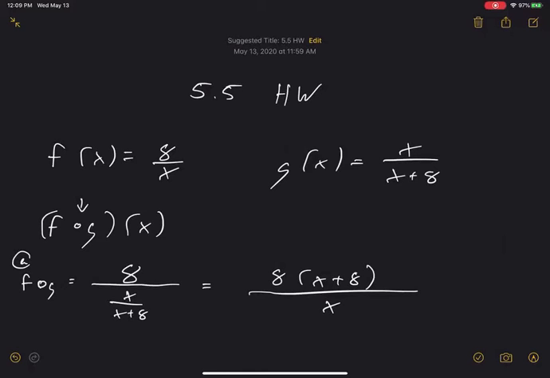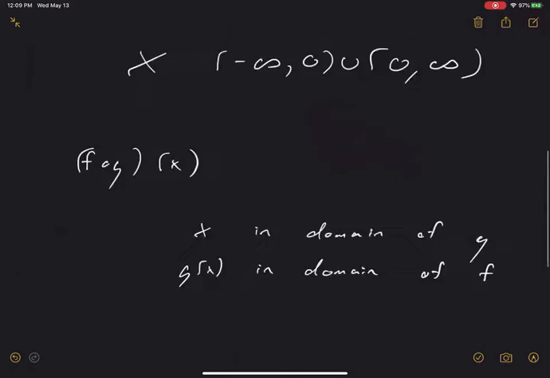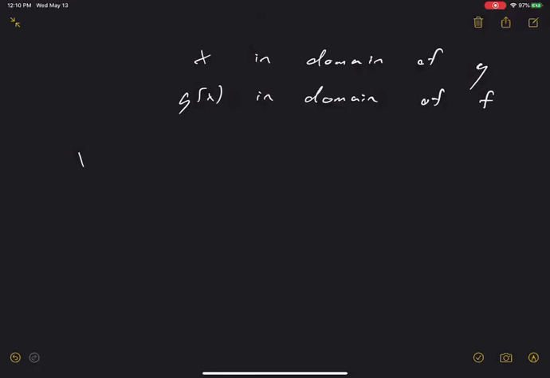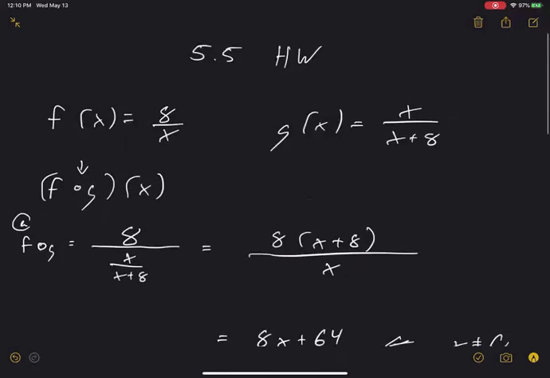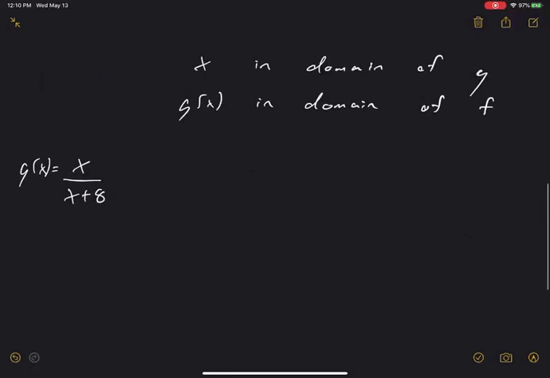let's rewrite g down here. What was g? g was x over x plus 8, I believe. Let's just double check. Yep. So we need x to be in the domain of g. What's the domain of g?